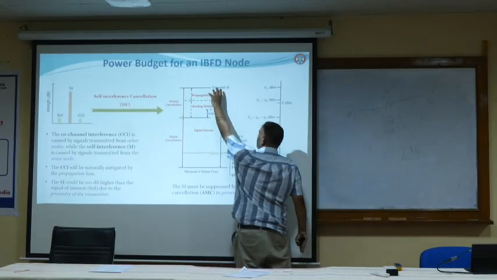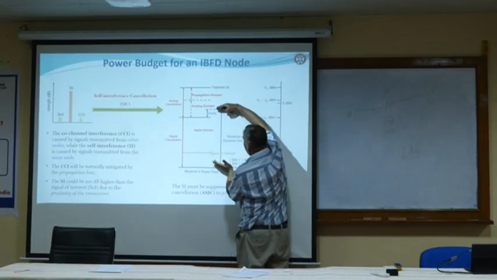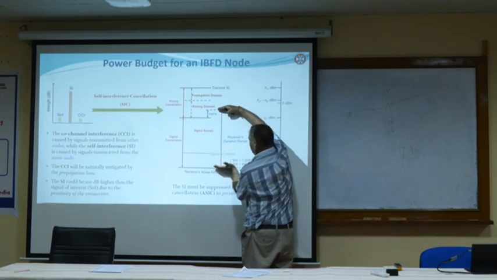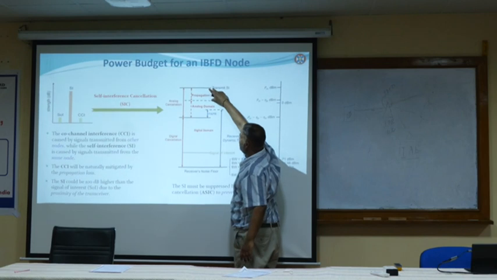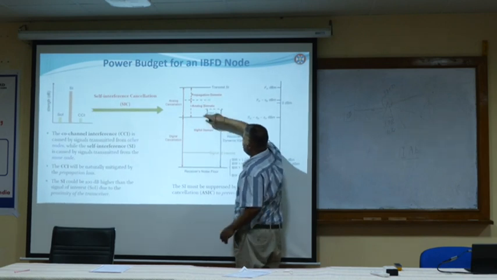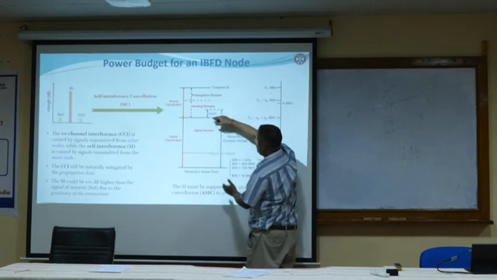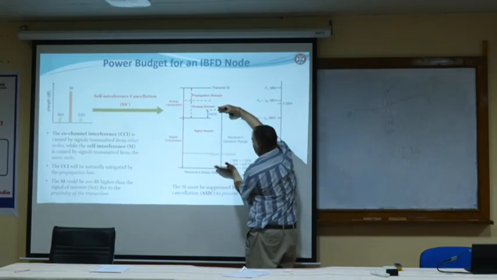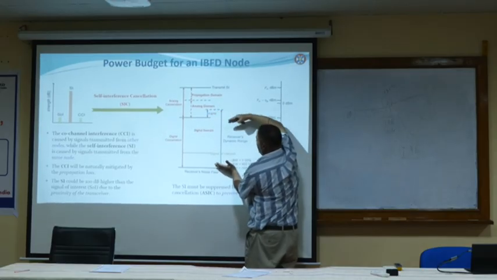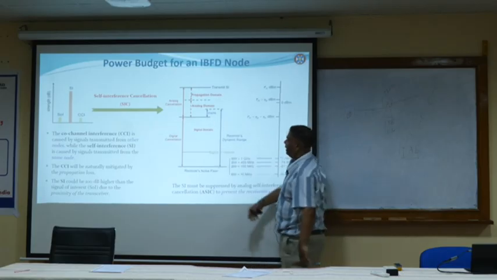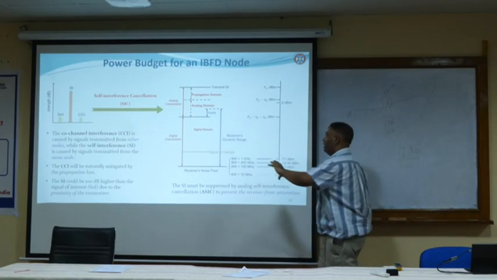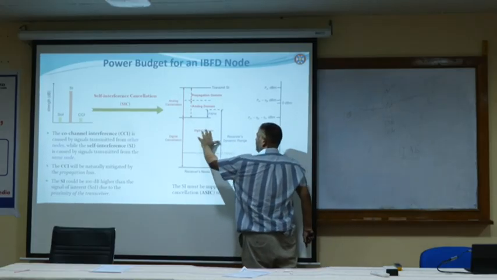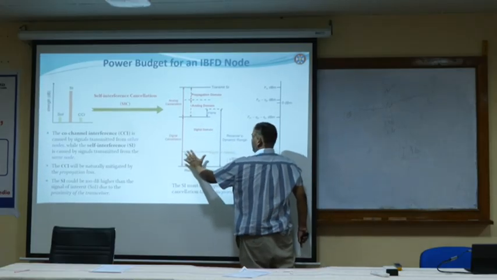So by doing propagation domain cancellation and analog domain cancellation, you bring it to here. If you bring it within the dynamic range of the receiver, it won't saturate your receiver, and you can deal with the digital domain cancellation, etc.